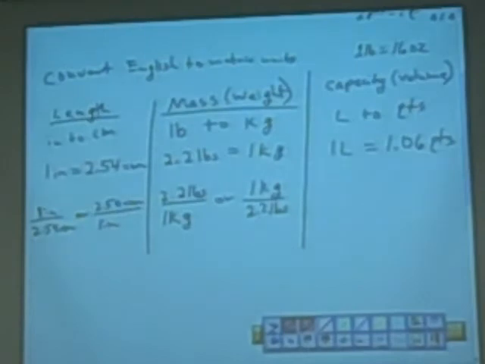So a liter is pretty close to a quart. It's a little bit larger than a quart, but pretty darn close. So we can say 1 liter over 1.06 quarts, or 1.06 quarts over 1 liter. Okay?